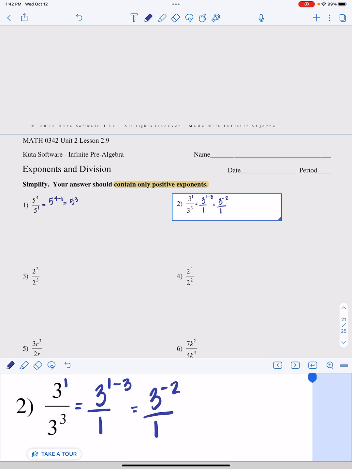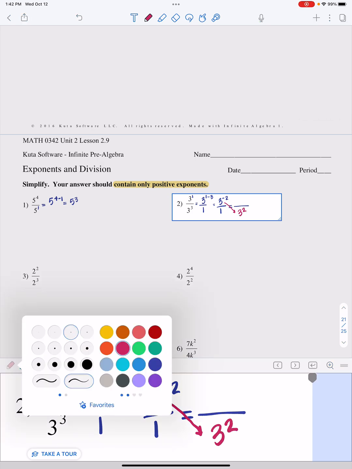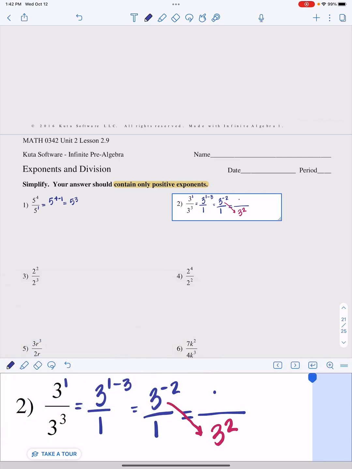Now we can't leave it like that because the directions say to contain only positive exponents. So what that means, so I'm going to start with my fraction bar. The 3 has a negative exponent when it's in the numerator. So I'm going to flip it down to the denominator. It becomes a positive exponent. And we leave the 1 on top.